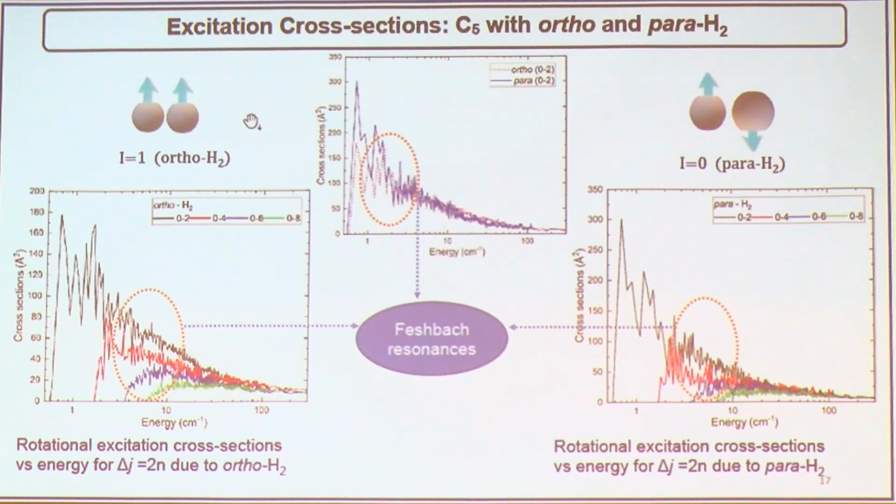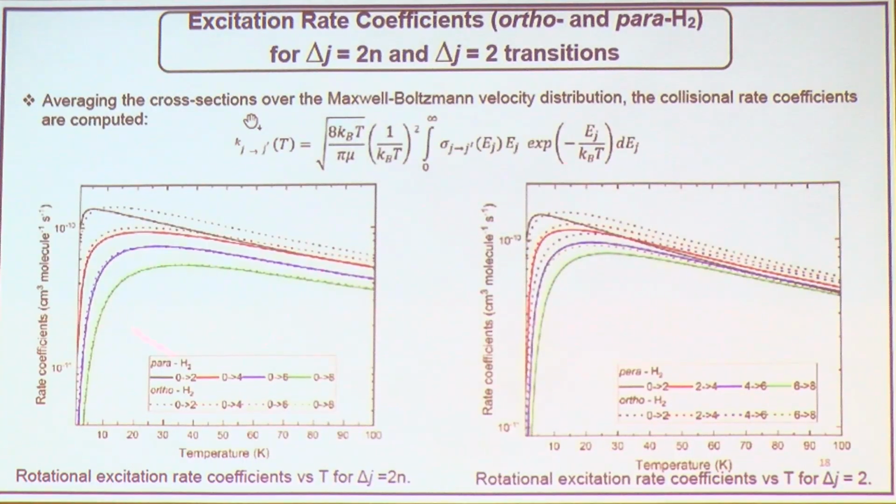So this is for the excitation cross section, and then we went ahead to calculate the rate constants by averaging the cross sections over the Maxwell-Boltzmann velocity distribution using this equation, for both ortho and para collision with the C5 molecule. So this plot is a function of temperature for delta J equal to 2n.